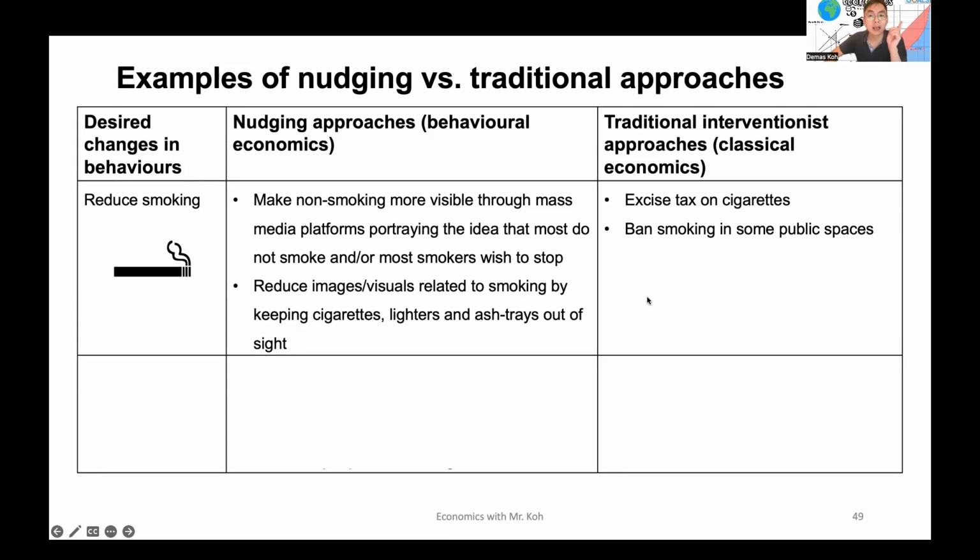Out of sight, maybe out of mind. Compared to traditional interventionist approaches in classical economics that might be in form of excise tax on cigarettes, banning smoking in some public spaces. So banning smoking essentially takes away choice from consumers. And obviously, excise tax would change the fundamental cost-benefit ratio.